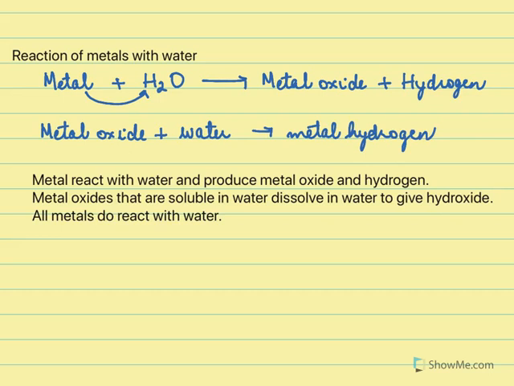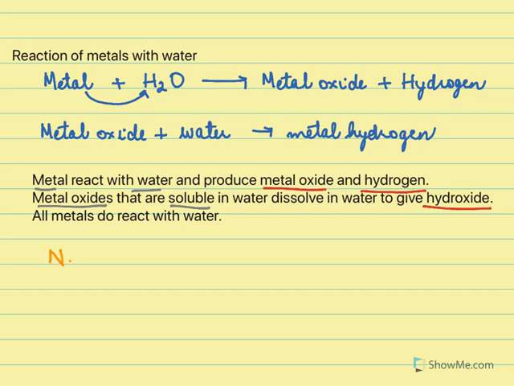So here metals react with water to give metal oxides and hydrogen. The metal oxides, which are soluble in water, dissolve in water to give hydroxides, metal hydroxides. And we need to remember that all metals do not react with water.